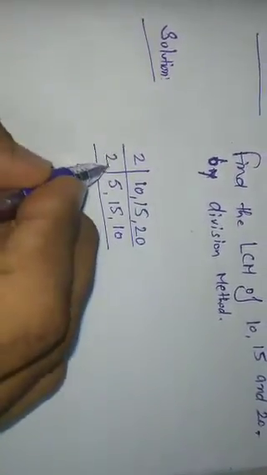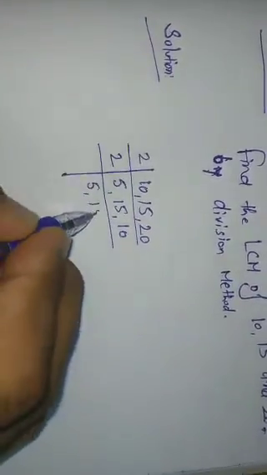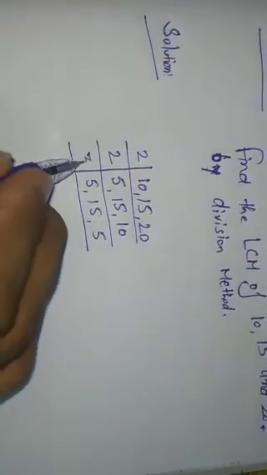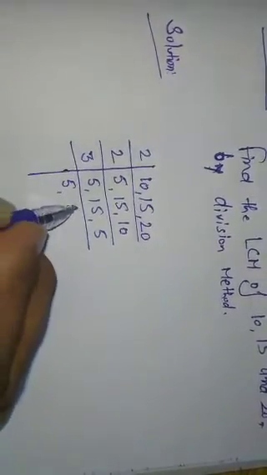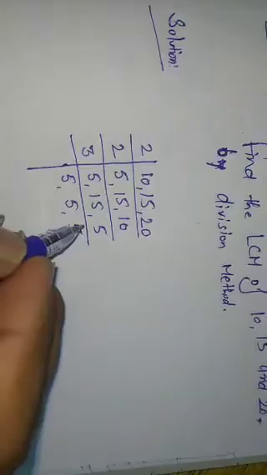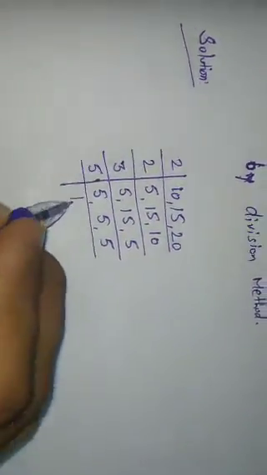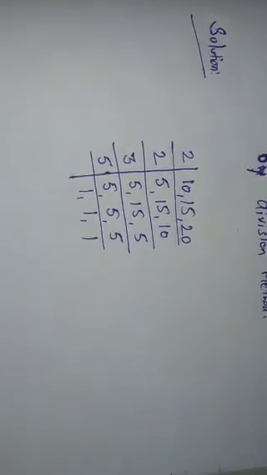Then again 2 into 5, 15 and 5. Then you will take 3: 3 fives are 15, then 5. And students, as you know, 5 will be divisible only by 5, so 5 ones are 5, 5 ones are 5.